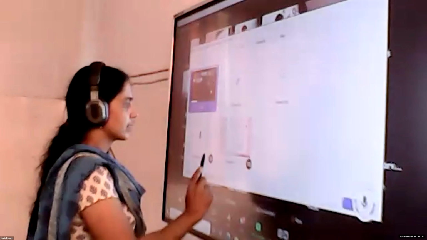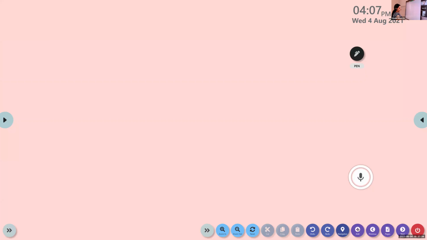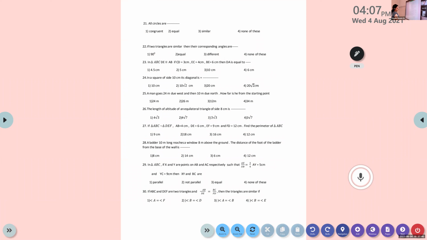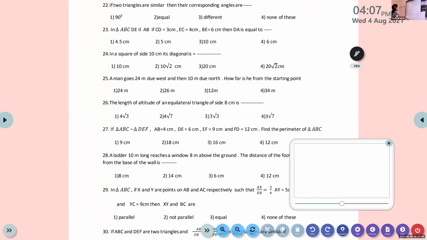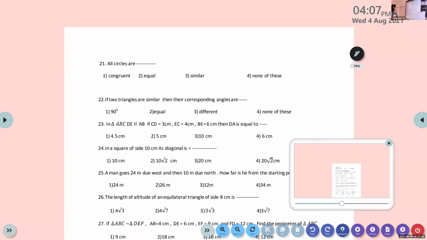Now look at the next set. Look at the next one. All circles are similar.